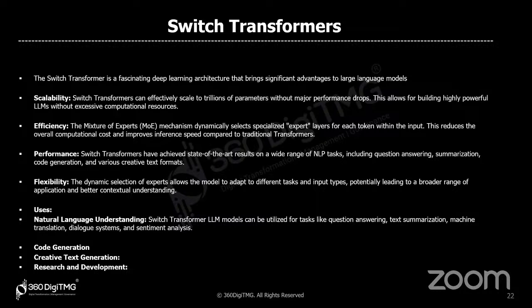The dynamic selection of experts allows the model to adapt to different tasks and input types, potentially leading to a broader range of applications and better contextual understanding. So these are some of the use cases of switch transformers. It can be used for natural language understanding, code generation, creative text generation, and research and development areas.